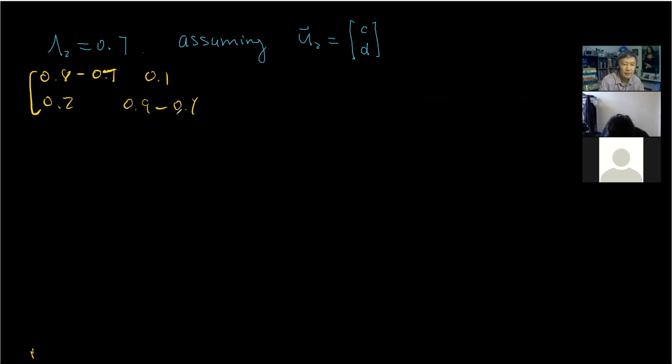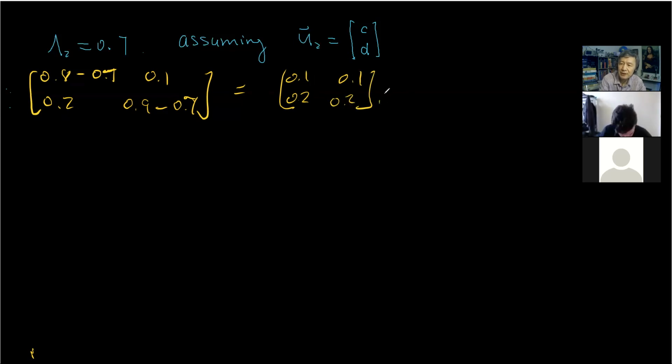Yep, that's right. So that's going to be equals. You can simplify that before we solve the linear equations. Yep, 0.1, 0.2. Okay, got all positive, right?